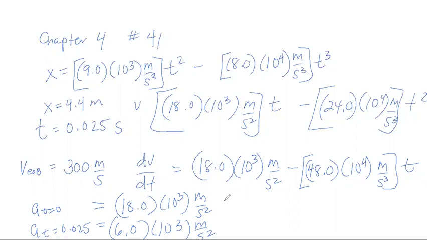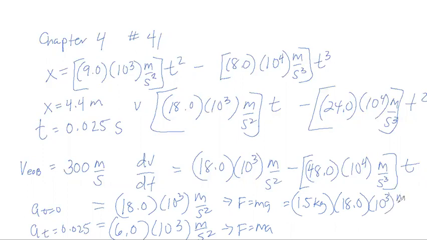So finding the force, F equals ma, and m is 1.5 kg. So 1.5 kg times 18.0 times 10 to the third meters per second squared gives me 2.7 times 10 to the fourth newtons.